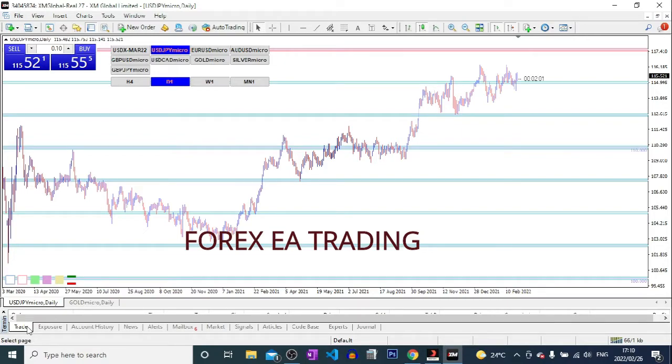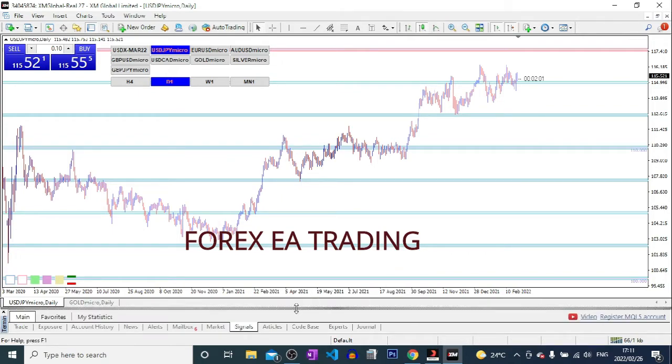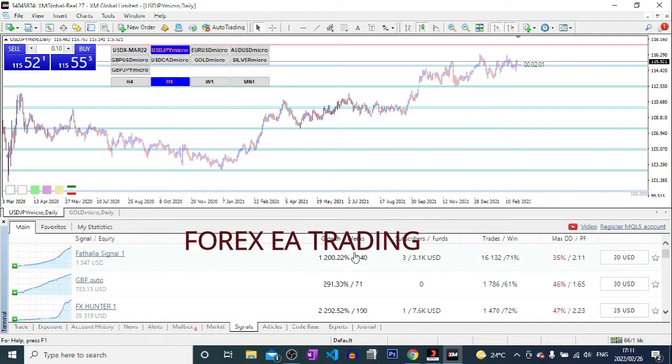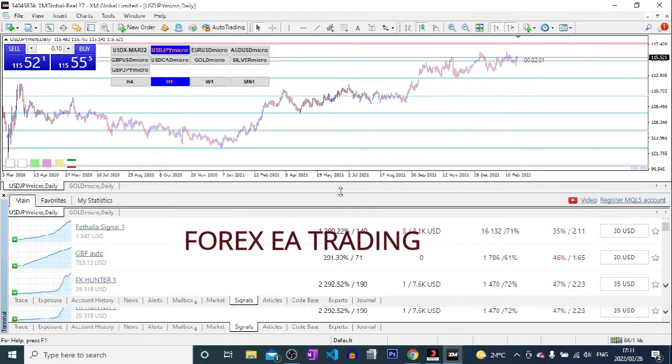You'll find there's a tab for trades, exposure, account history, news, alerts, mail, your mailbox, all these tabs. Most people do not look into what these tabs are about, but you should. One of the tabs says signals. If you click on there, this is where you can find copy trading signals.